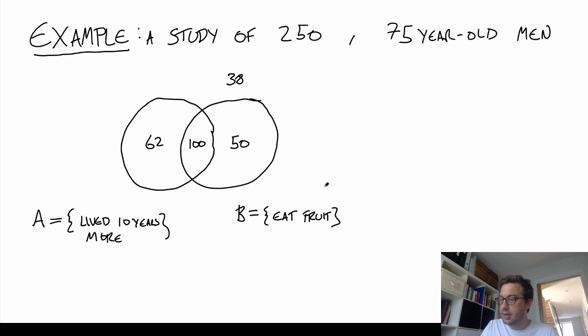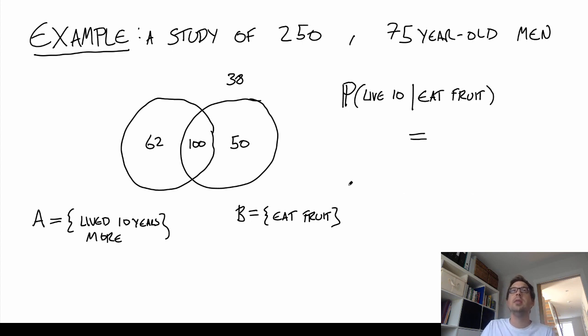Then you can start to ask questions like, given this data, what is the probability that you live 10 more years given you eat fruit? From this we can do the calculation.